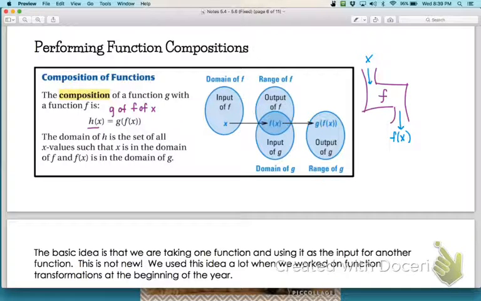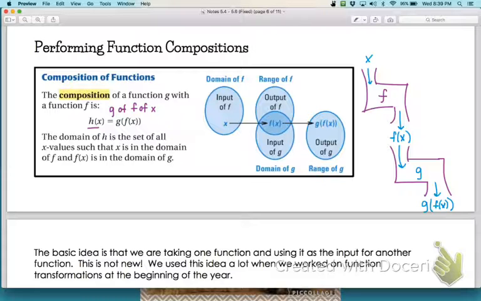Well, then what we do with a composition is now, rather than put something new in, we are going to take this exact f of x, and we're going to call this one g, and we're going to plug f of x into g, and so what we get out is g of f of x, because that's what we plugged into it.